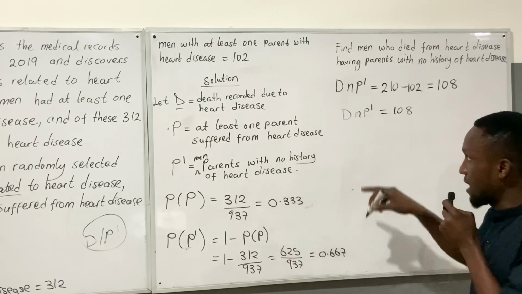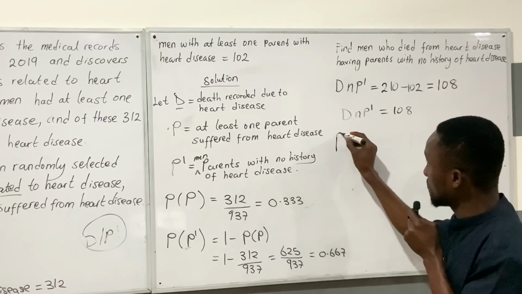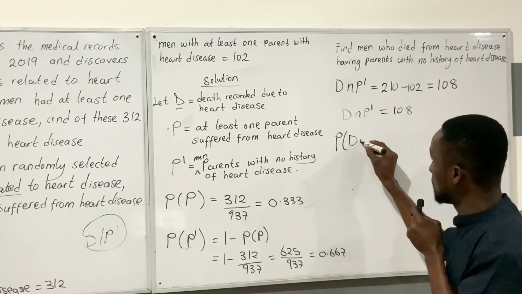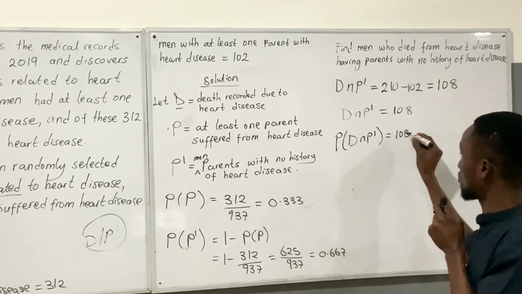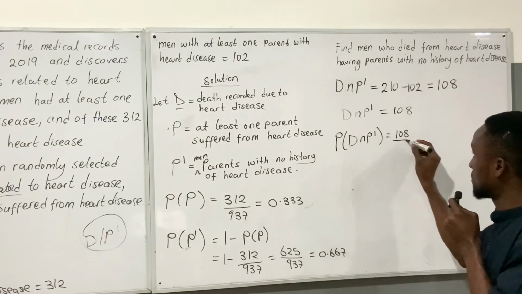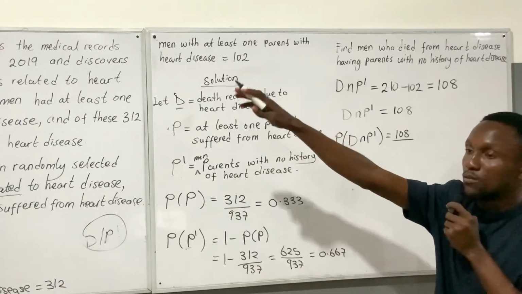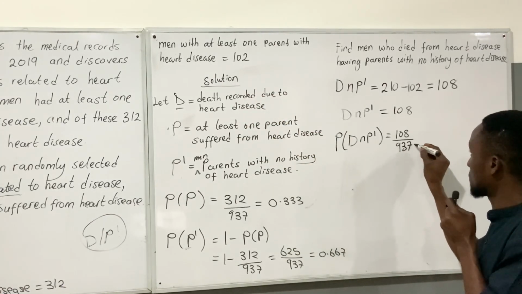Okay. Now let us take the probability of this. So probability of this is giving us P of D intersection P1 is giving us 108, the total number of men who died having parents with no history of heart disease, divided by the total number of men, which is 937.